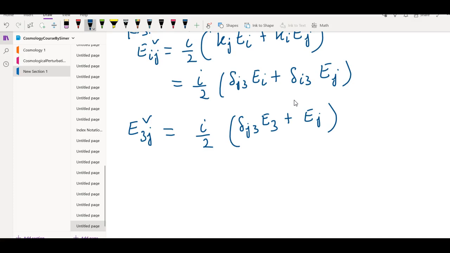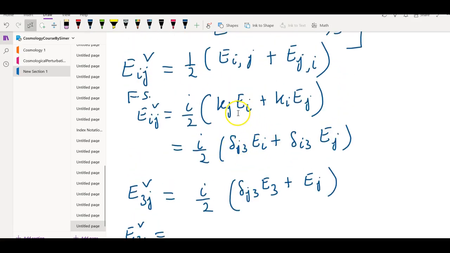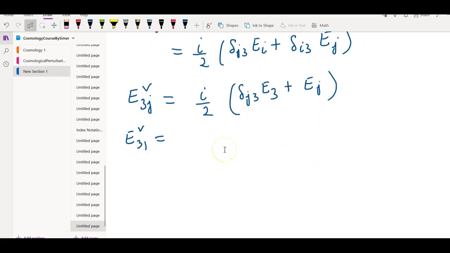So the E31 component is equal to i by 2, when j is 1, this is 0, and this will be E1.